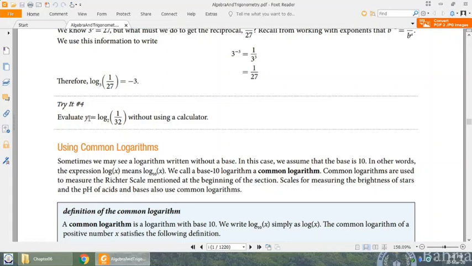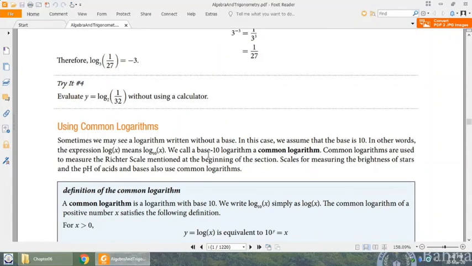So, I repeat, 2 raised to power y is equal to 2 raised to power minus 5. When the bases are the same, the exponents will be the same. So that means y would be equal to minus 5 in this case, and you can equate this entire expression to minus 5.